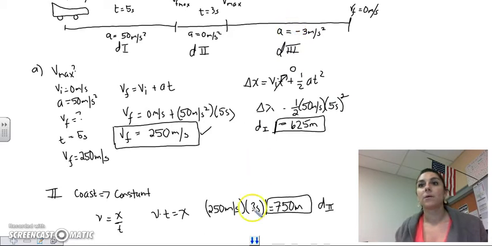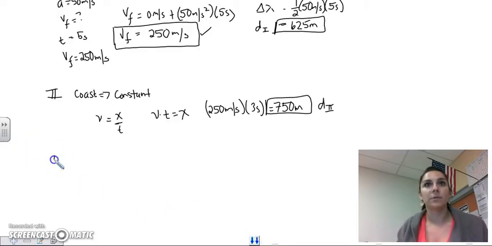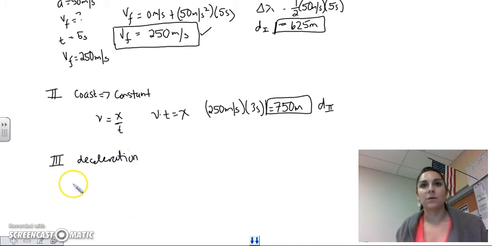Like that. Okay, now let's finish off with the third section. So the third section is decelerating. This is the deceleration, or slowing down. So what do we have for that? We are going to slow down from the 250, so we do have initial velocity.